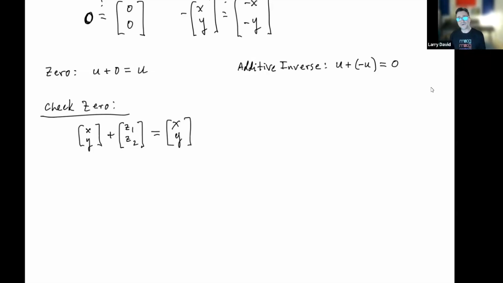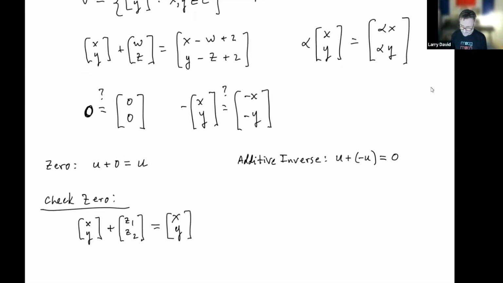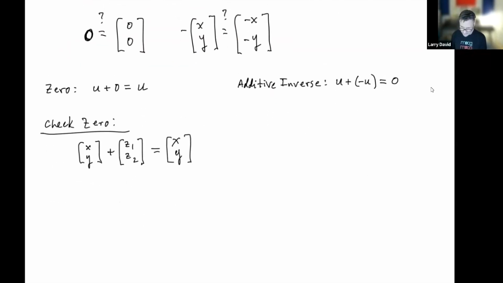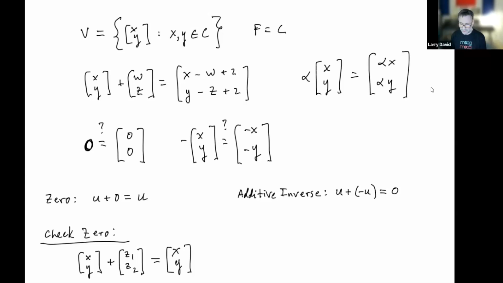Okay, so now what do we do? Well, we use the definition of vector addition right here. We are also going to use the definition of vector equality for column vectors right here, which I should mention we are assuming is the same as in C2.